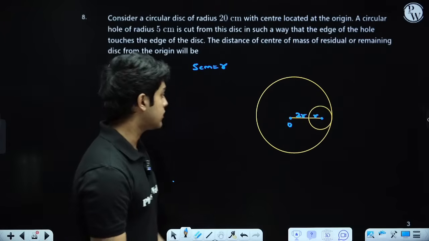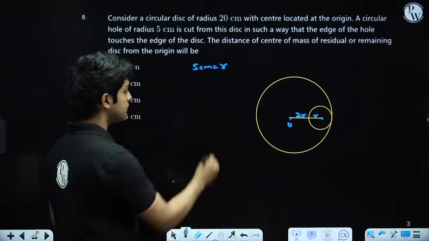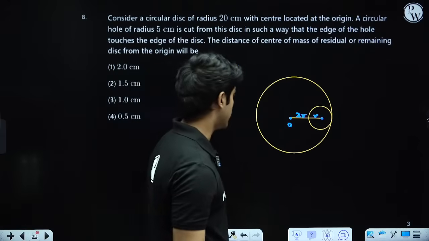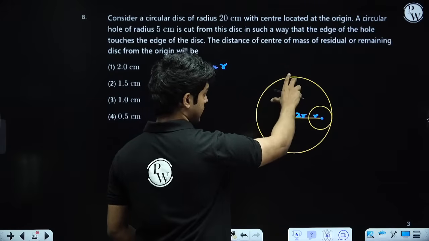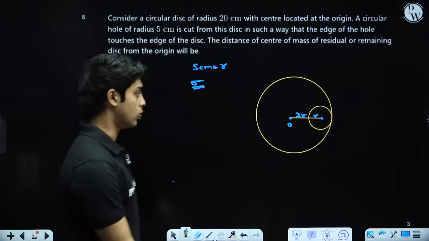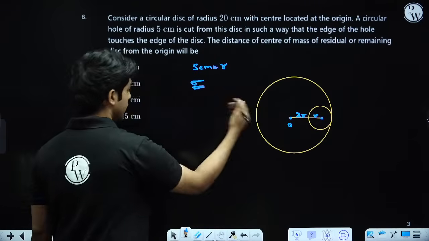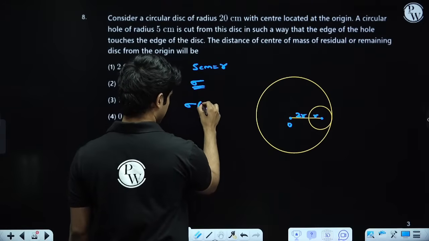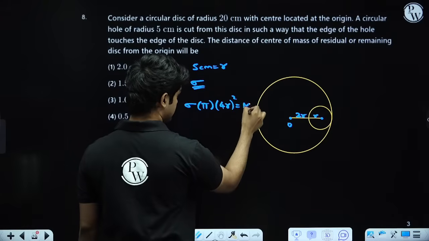Now first we'll find the masses. Let's say sigma is the mass per unit area. If the mass of the larger disc without the hole is m, then sigma times pi into (4r) whole squared is equal to m.